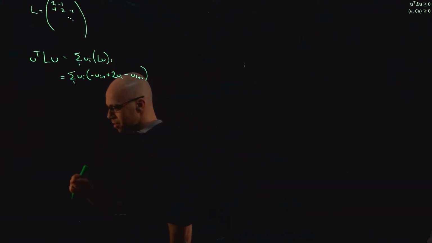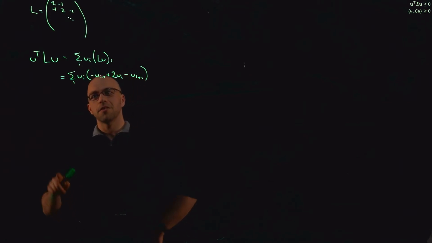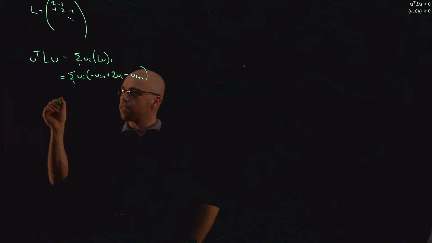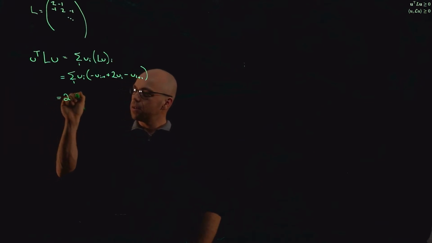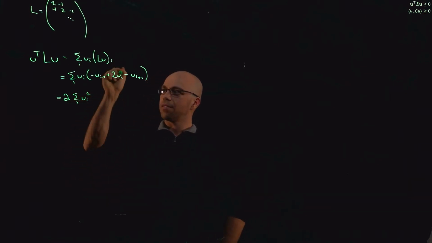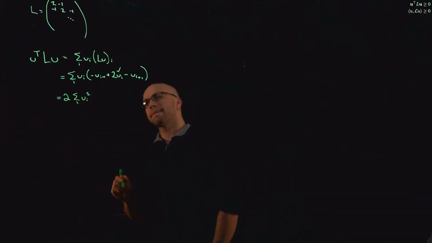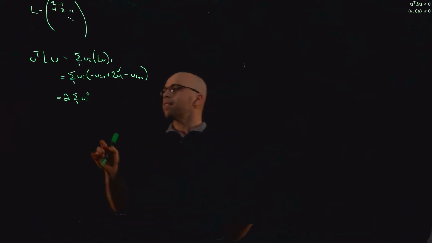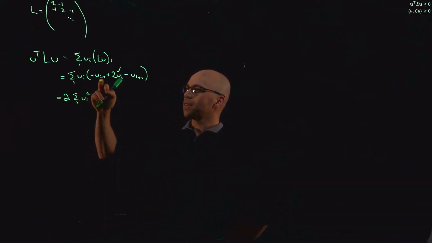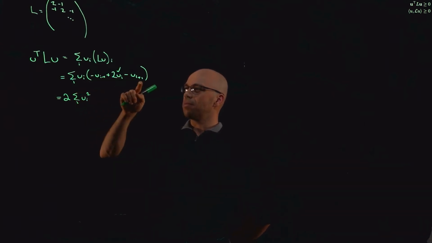And now we're just going to do some sneaky reindexing tricks. So first, I'll pull out the sum over Ui squared. So this is equal to 2 times the sum over i of Ui squared. So we can put a little check mark here. And now, what do we see? This is essentially just Ui times Ui minus 1, and then we have Ui times Ui plus 1.